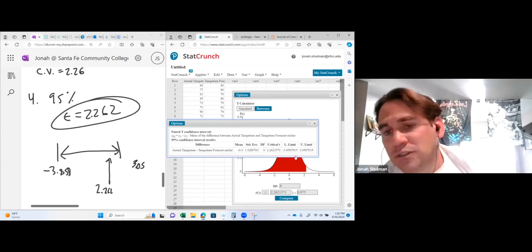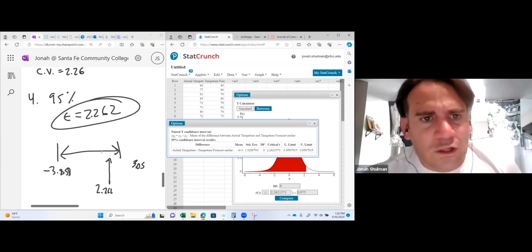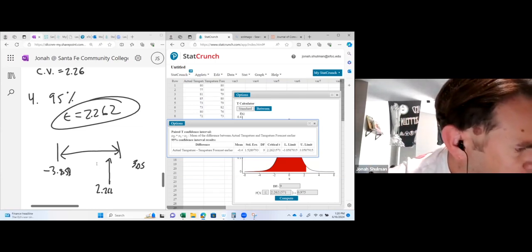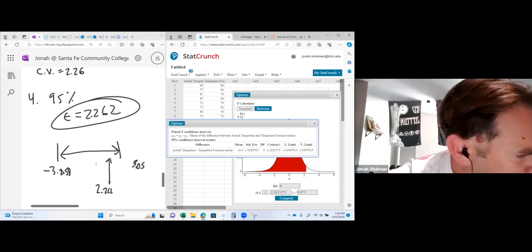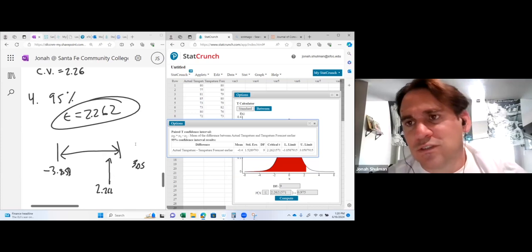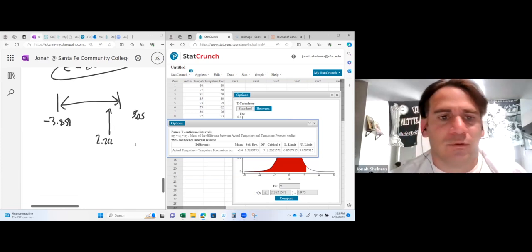So what does this actually mean for us, right? We're falling between this range. It just means that because they're falling between this range, they're not bad at their job.